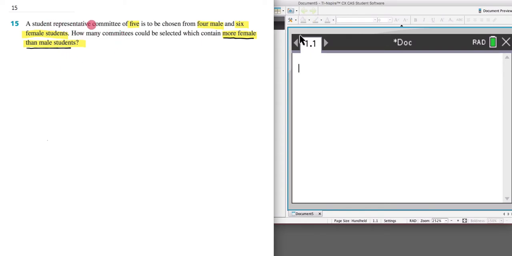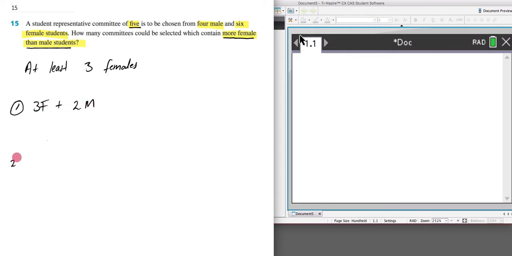Now, if my student representative committee consists of 5 students, to have more female students means I'm going to have at least 3 females. And there are 3 ways that I can have this. The first way is if I have 3 females and 2 males, so I have more females.